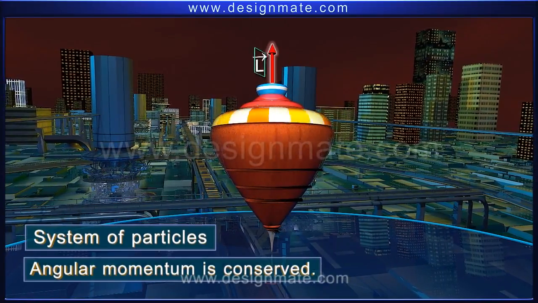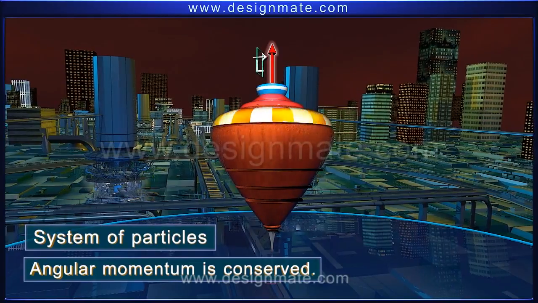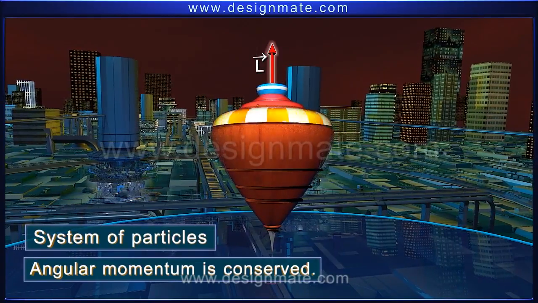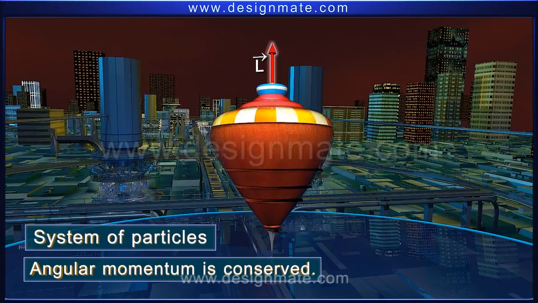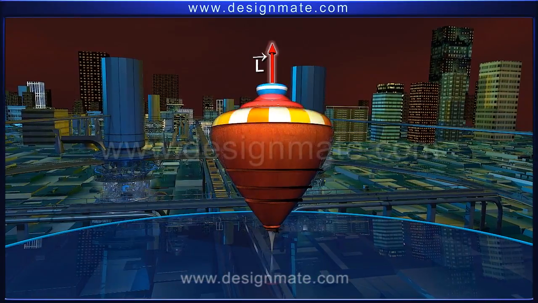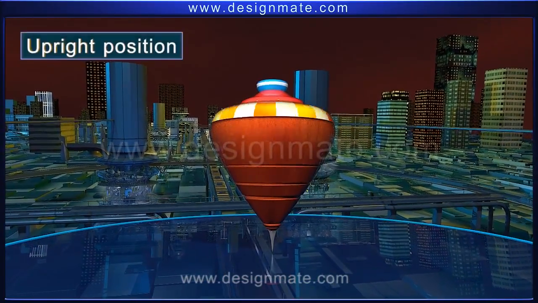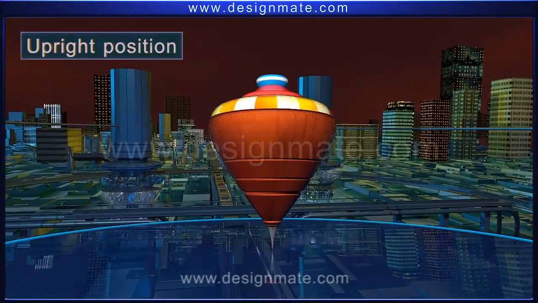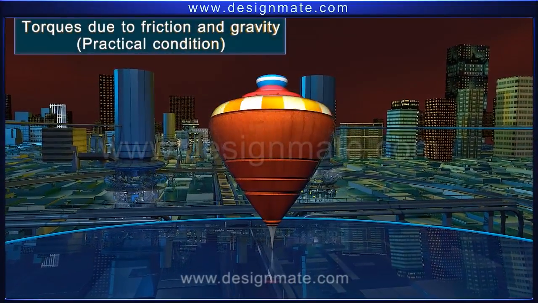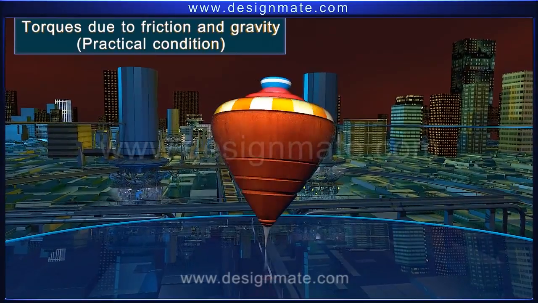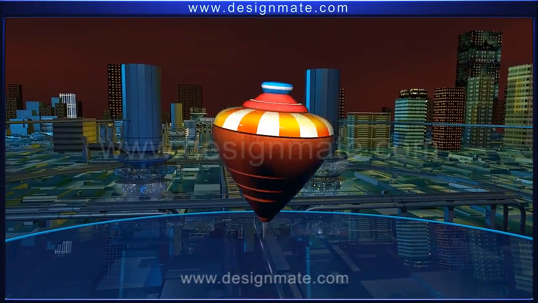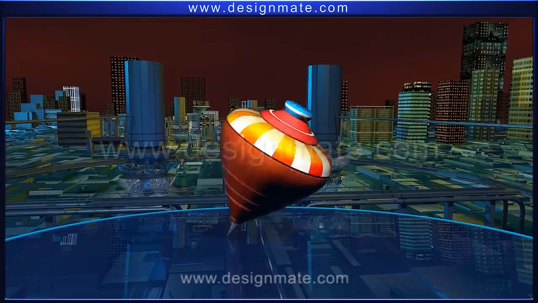Therefore, its angular momentum is conserved. It means that neither the direction nor the magnitude of angular momentum changes. Hence, it keeps spinning in an upright position. In reality, under the action of external torques arising due to friction and gravity, the top gradually slows down and falls.